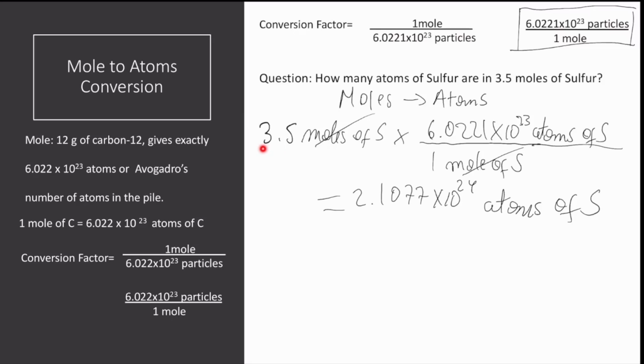But we're starting with a number with two significant figures, so our final answer must have two significant figures. So because we have a 0 here, this number is rounded to 1, so we get 2.1 times 10 to the 24 atoms of sulfur.